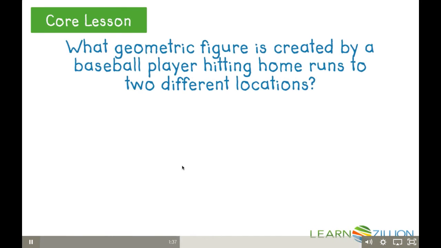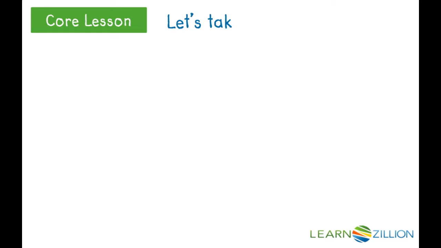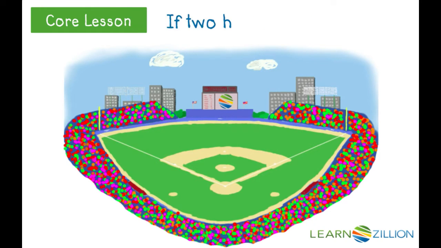All right. What geometric figure is created by a baseball player hitting home runs to two different locations? Let's take a look at LZ Field. So we're going to go ahead down to the Learn Zillion baseball field so that we can figure out what's created. If two home runs are hit, so there's our first one.